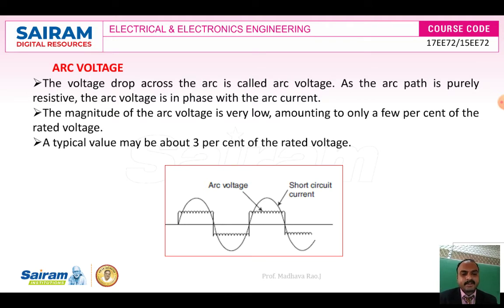But the magnitude has some difference. Typically it may be 3% of the rated voltage. Suppose the rated voltage is 100 volts, the arc voltage will be equal to 3 volts.